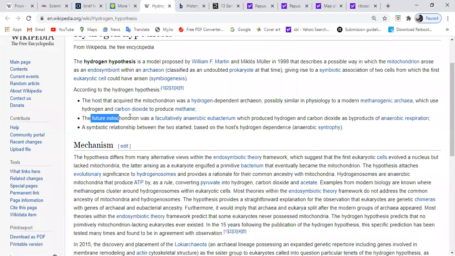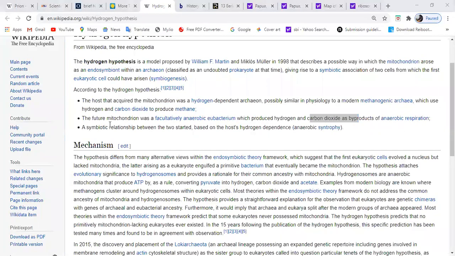And the future mitochondrion, which was actually a eubacteria or proteobacteria, Rickettsia prowazekii, was a facultative anaerobe eubacteria that produced hydrogen and carbon dioxide as a byproduct of anaerobic respiration.